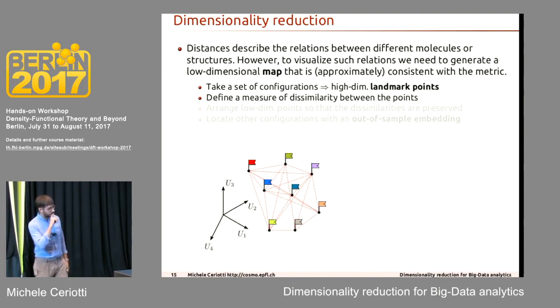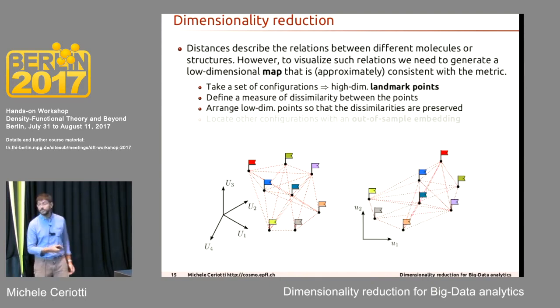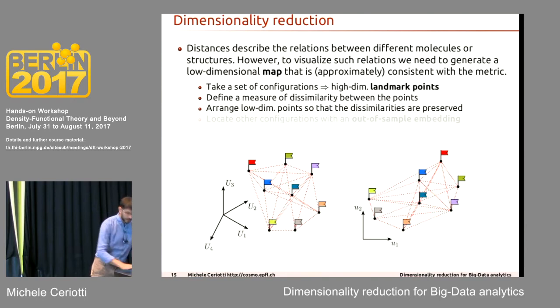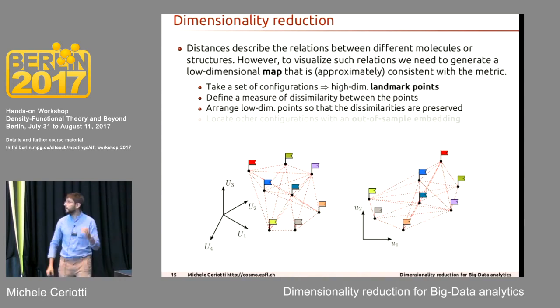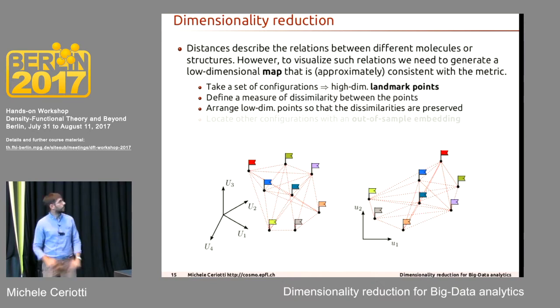And then, in order to find a simple low-dimensional representation, what you can try to do is set different reference points on a plane and just jiggle them around until all of the relative distances match the distances that you had computed in the high-dimensional space. If you succeed, this low-dimensional representation is going to be a faithful representation of the relative position of all of these reference structures.